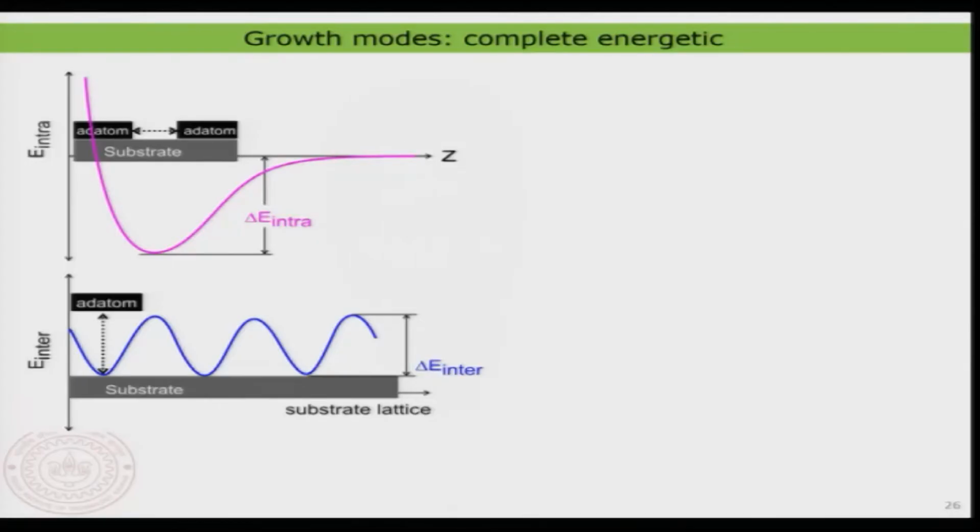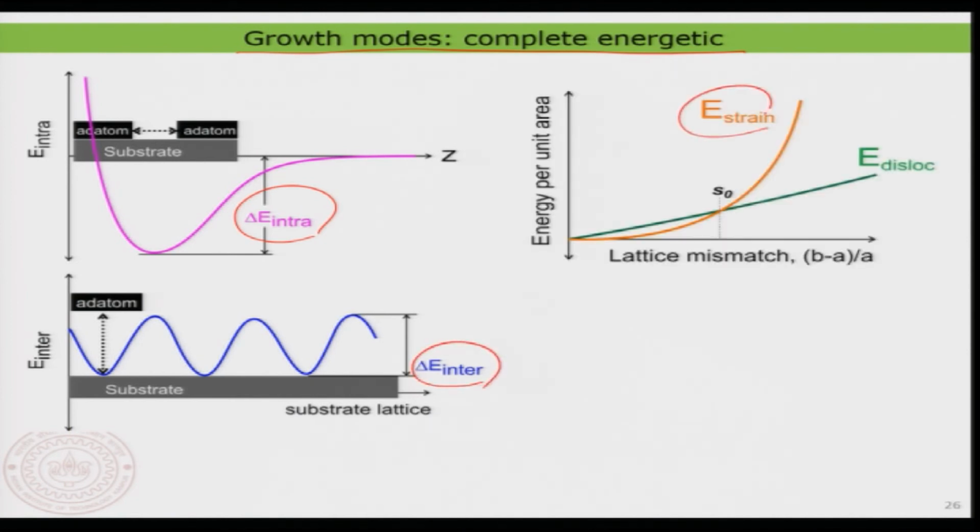So that is the relation between the E strain and the E dislocation energy, and therefore the final contribution of the energetics in the growth mode is coming from the E intra, the E inter, and also the E strain and the E dislocation.